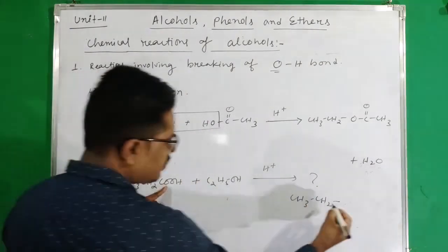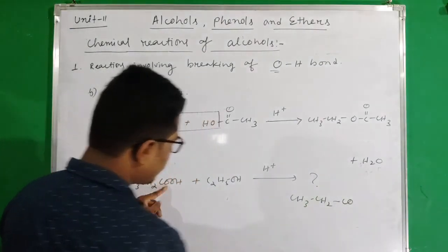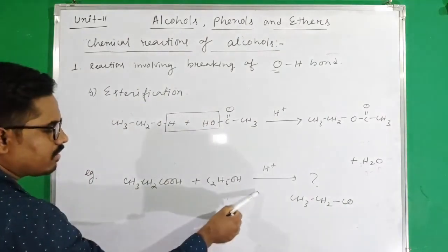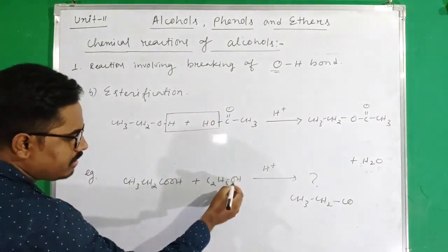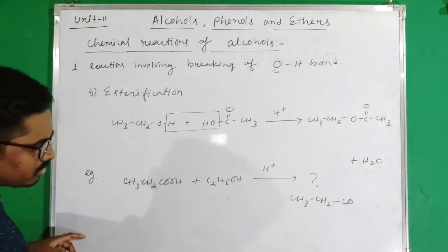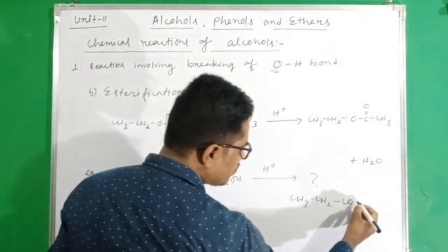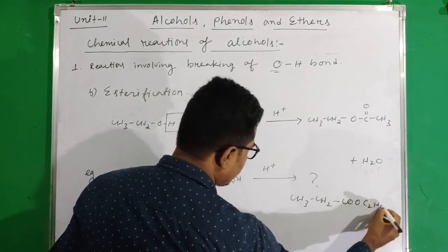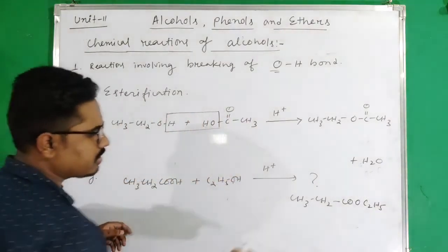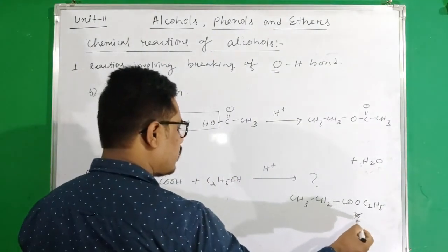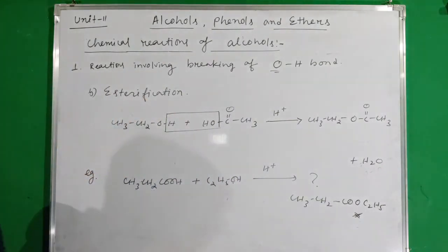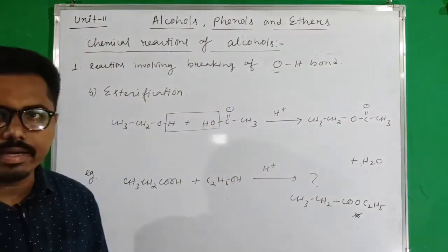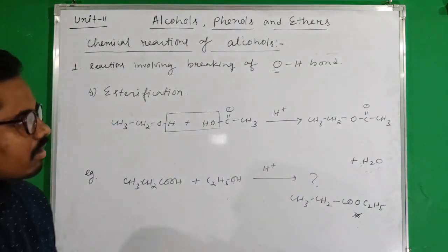Okay, CH3CH2CO. And now in case of alcohol the hydrogen was removed, and due to removal of hydrogen this oxygen will form a bond with this carbon atom, and the result is this one, and this one is also an ester. So we have studied about esterification reaction.